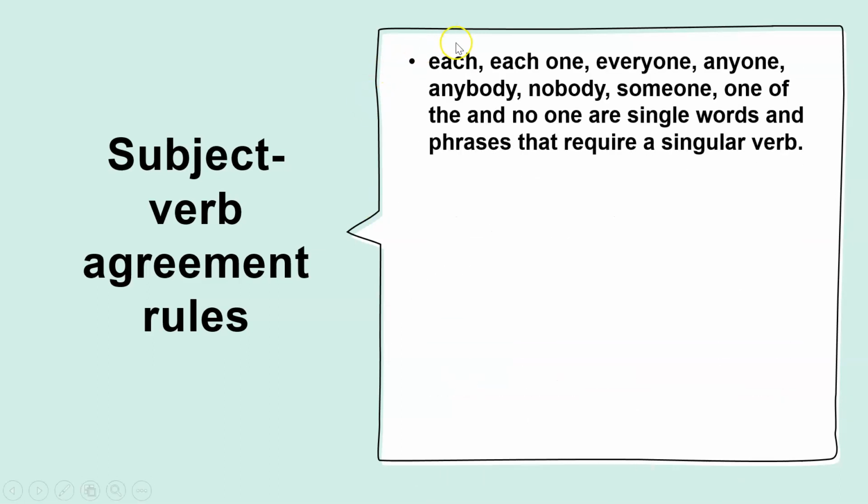Similarly, if your sentence has each one, everyone, anyone, anybody, nobody, someone, one of the, and no one, they are all considered as single words and phrases that require a singular verb.